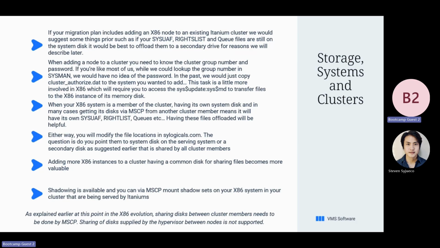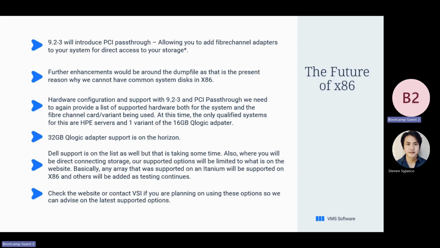I know a lot of you know most of this. When adding more x86 instances to a cluster, having a common system disk for sharing those files outside of the system disk, the UAF, rights list, queue files, things like that, makes it much easier when it's time to bring that x86 instance in. You can point it right to those files, and it works much better.